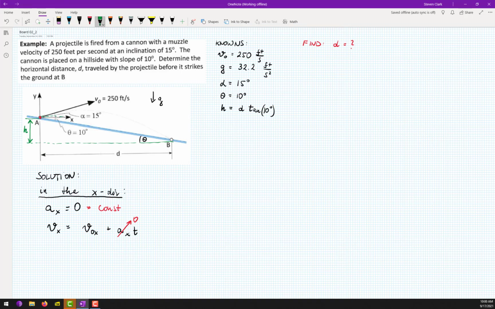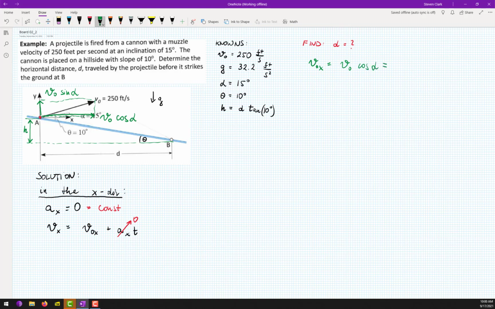Let's quickly find V0x. I believe I have to do these two projections. This will be V0 cosine alpha, and there will be V0 sine alpha. We know all of that, so V0x is V0 cosine alpha.